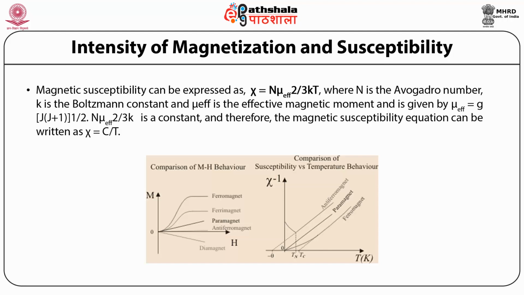This critical temperature is called Curie temperature, known as Tc, and ferromagnetic material below Curie temperature exhibit magnetic moments aligned parallel to each other.